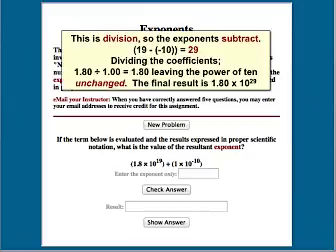We have 19 minus a minus 10, giving us 29. 1.8 divided by 1 is still 1.8. Therefore, our result stays at 29, and it looks like this. Any questions?